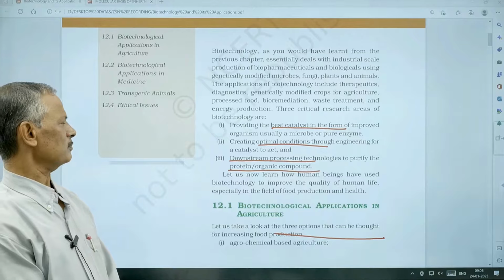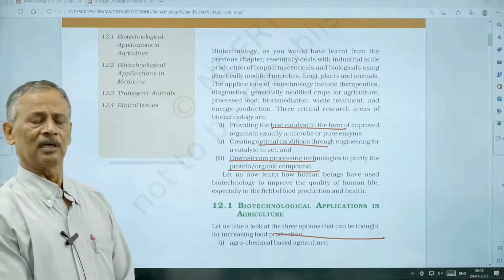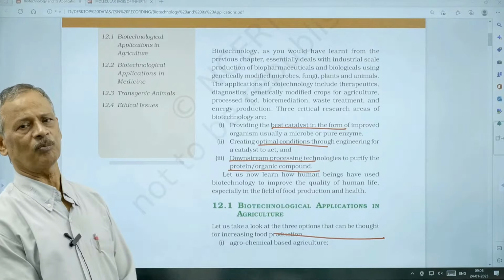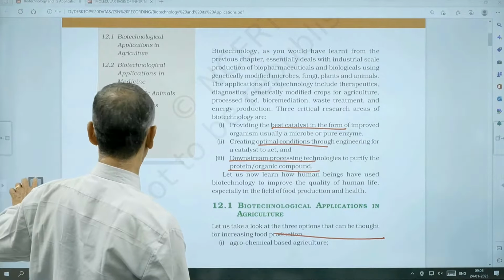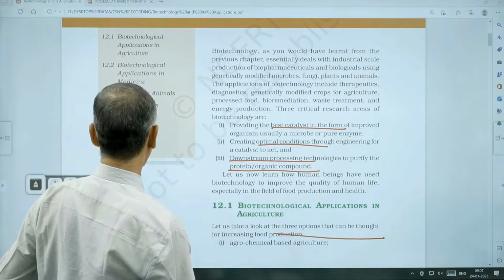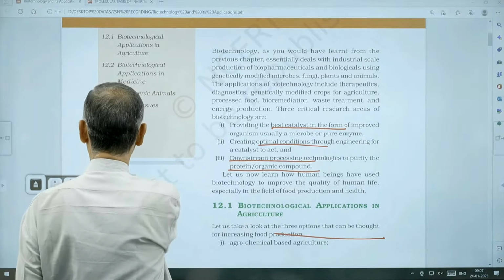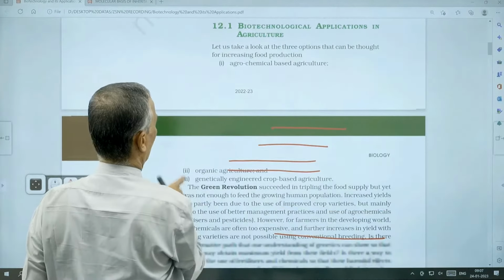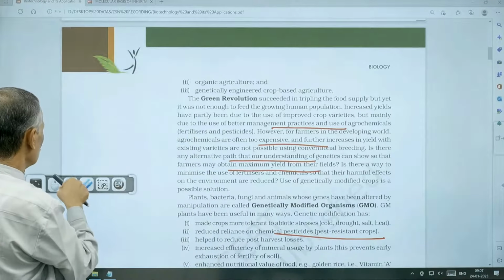Okay. And we want to apply our findings, our progress in the field of biotechnology, mainly in agriculture. Agriculture is number one because our population is ever increasing. So to feed those extra mouths, we have a large number of mouths to be fed.